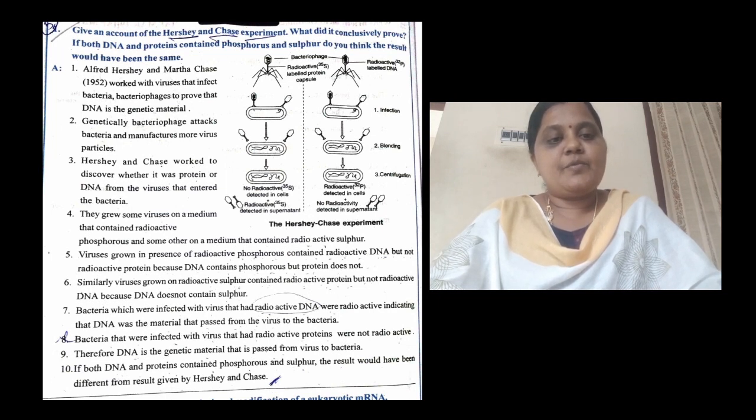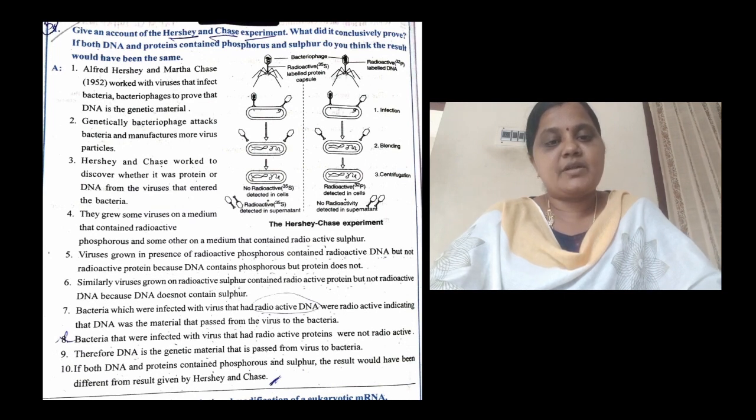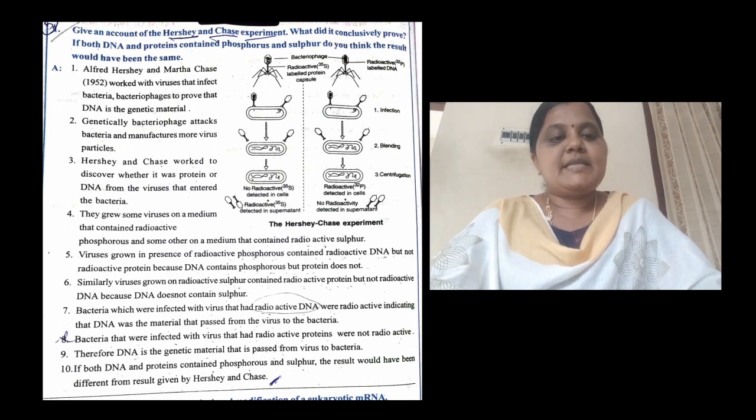Alfred Hershey and Martha Chase worked in 1952 and proved that DNA is the genetic material. So this is the question: give an account of the Hershey and Chase experiment, and if both DNA and proteins contained phosphorus and sulfur, do you think the result would have been the same?